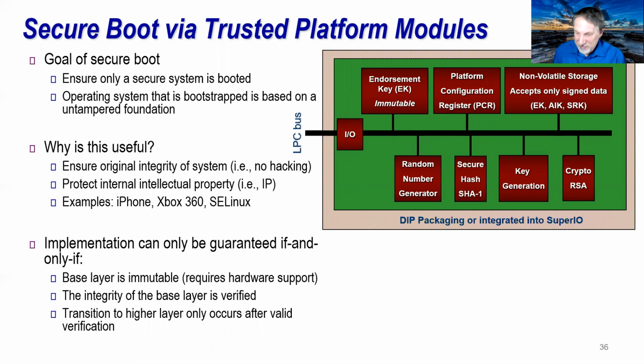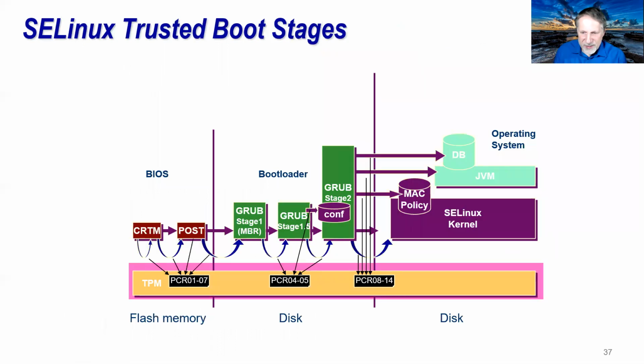Well, the most important thing you do with signed storage is trusted boot. What is trusted boot? Trusted boot is getting into memory authenticated code and only authenticated code. That means that the BIOS is trusted, the bootloader is trusted, and the kernel is trusted, and the applications coming in from the kernel are trusted.